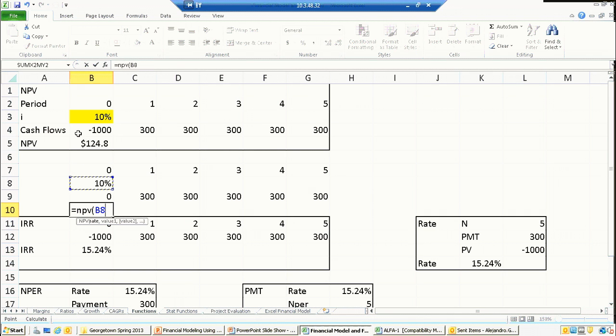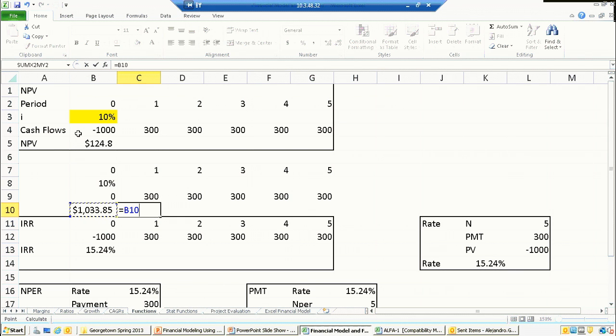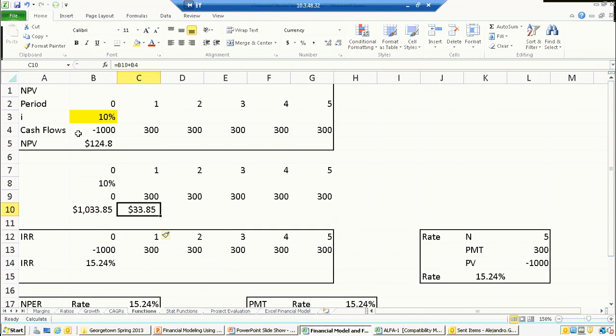discount rate, and then in this case you need to add the 0 at the beginning, because you need to allow Excel to know that the first cash flow will be 1 year from now, not today. So you do it like this. That's the NPV, and so it's different.